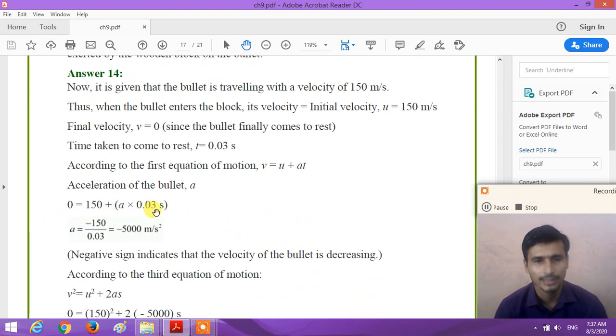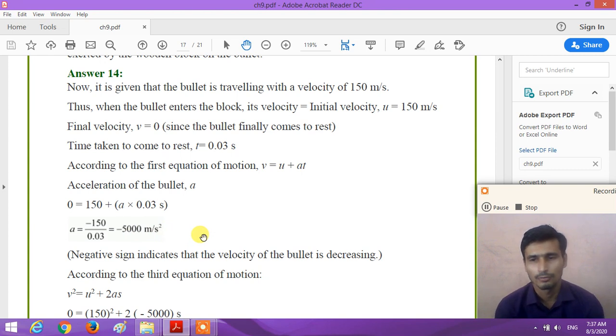From that, a is equal to minus 150 divided by 0.03, and we get a equal to minus 5000 meter per second square. So in the wooden block, the acceleration of the bullet is minus 5000 meter per second square.